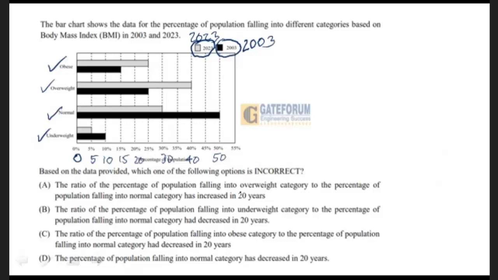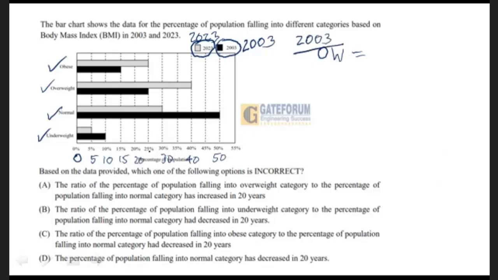Based on the data provided, which one of the following options is incorrect? Okay, let us take the first option. The ratio of the percentage of population falling into the overweight category to the percentage falling into the normal category has increased in 20 years. Let us calculate in 2003 first, the black one.